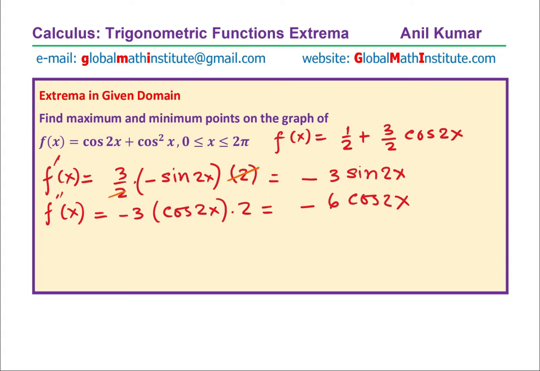Now, one more thing before going further and rushing into the solution, let's also look into the domain of the question. Since our argument is 2x, right? Theta is 2x, not x. So, if x is between 0 and 2 pi, then 2x should be between 0 and 4 pi, right?